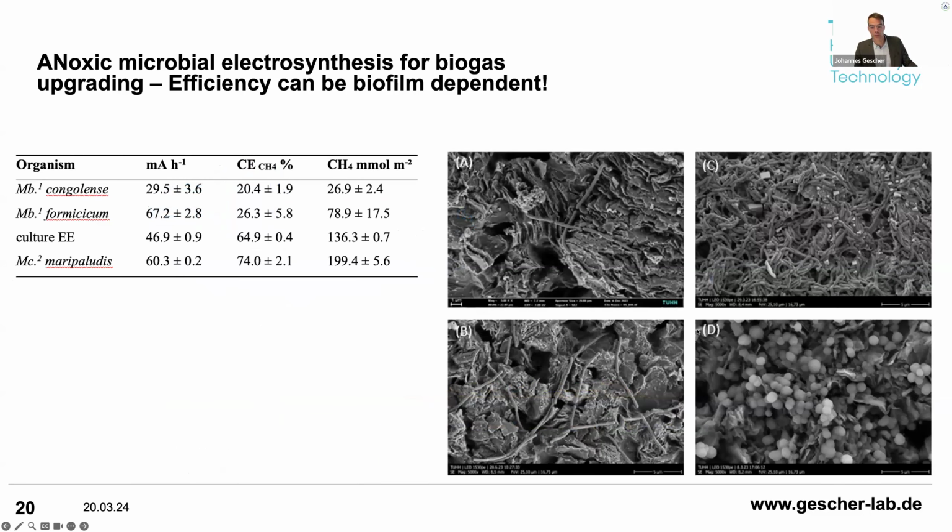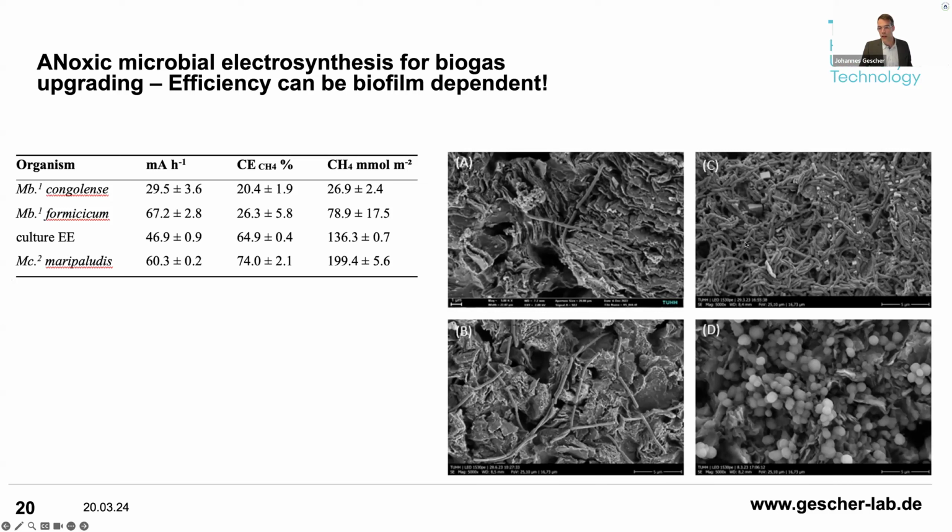And we have examples for this that show that if you operate these reactors with organisms that can grow as biofilms, you will have a very efficient process. And these are electron microscopic images of 4 different methanogens that grow on the surface of the same type of electrode.